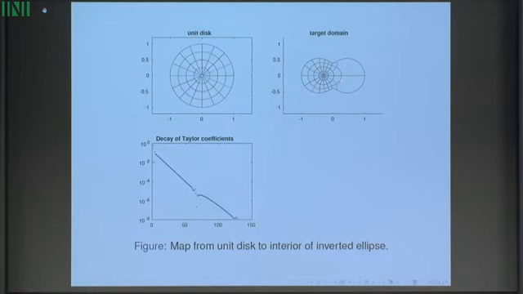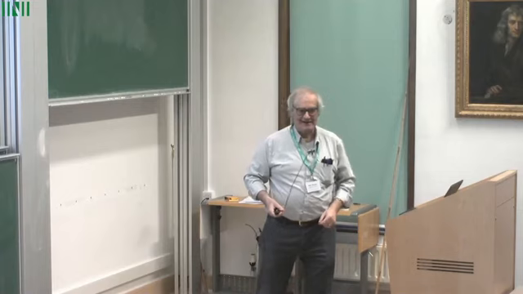There are two ways to ill condition a map, say for the simply connected case. One is to pinch it, and the other is to stretch it. And the stretching is much worse. The stretching is like exponential in the aspect ratio, and pinching is more like algebraic.